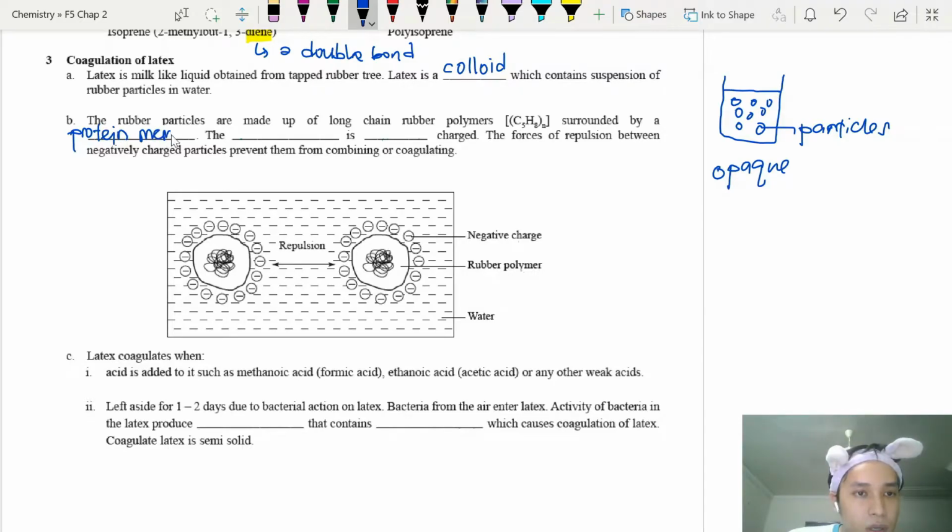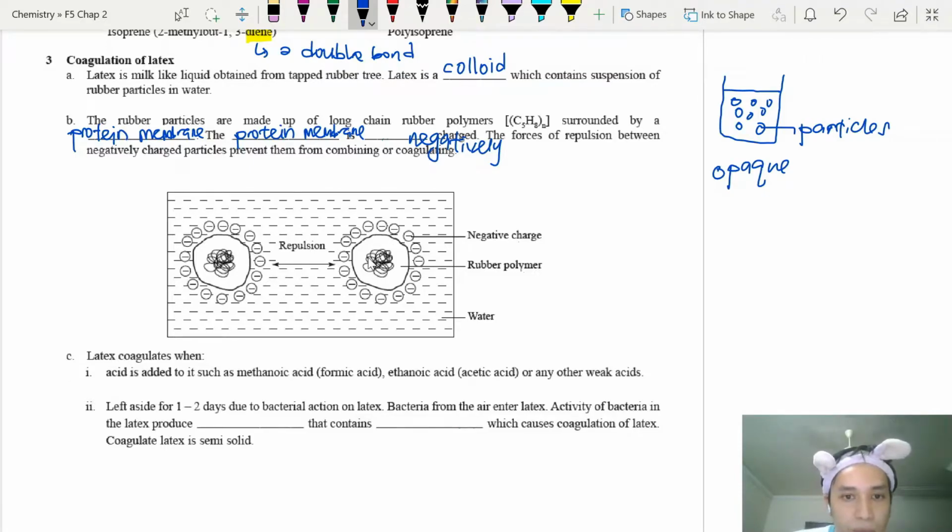Now this protein membrane, if you look at the charge, is negative. This protein membrane is negatively charged.